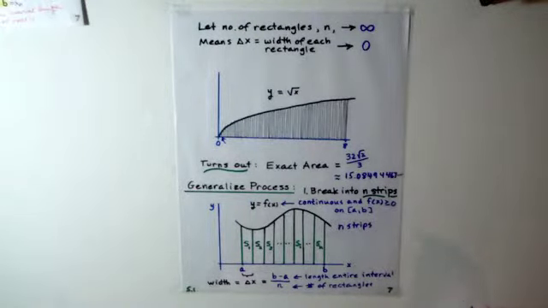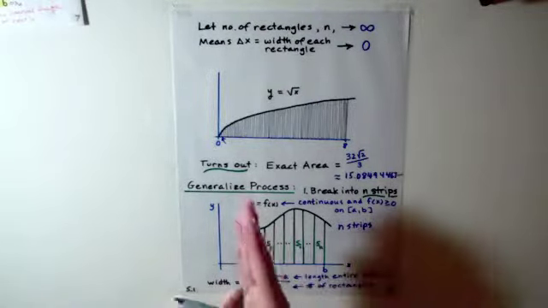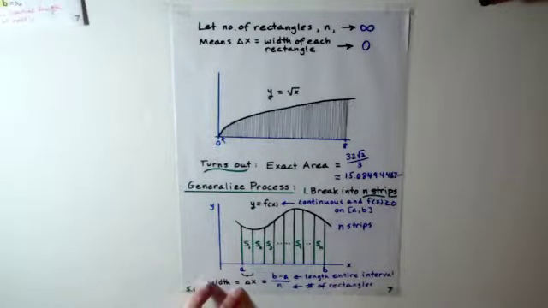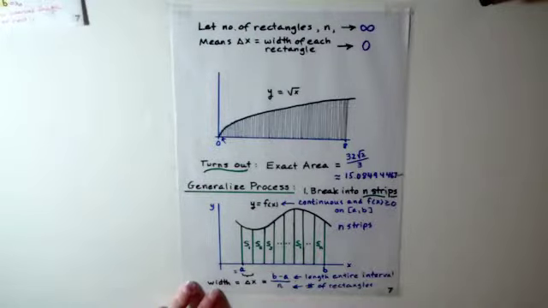Okay, so let's go ahead also and label the x values for the right and left hand endpoints of each of these strips. So the way we usually do it in a general setting like this is we call a, whatever value you're starting at over here where your entire interval begins, we call that x sub 0.